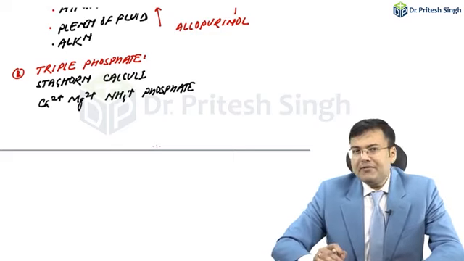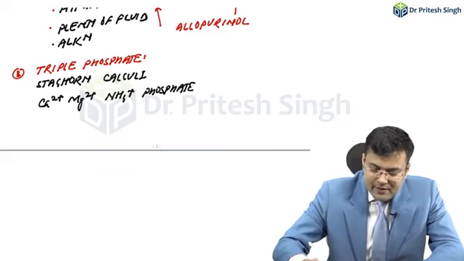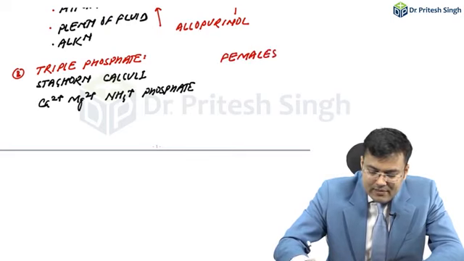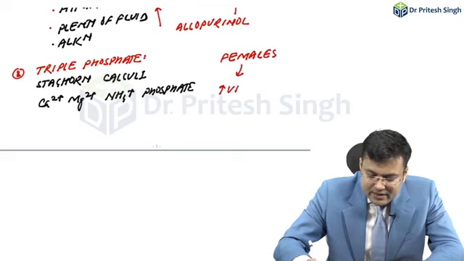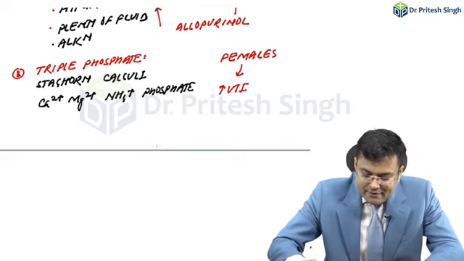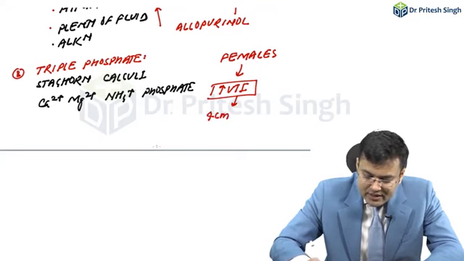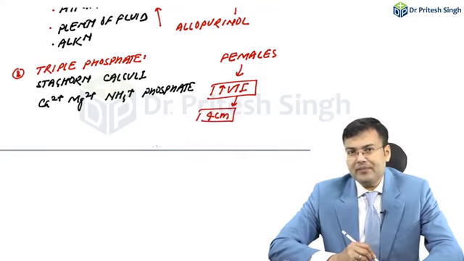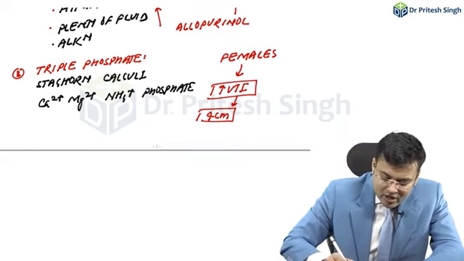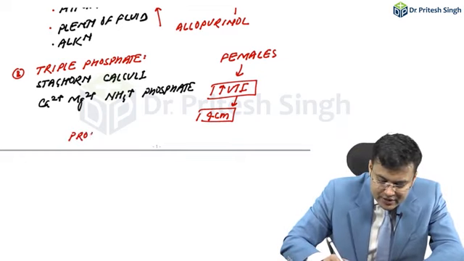Now this triple phosphate stone is more common in females. Why is it more common in females? Because in females there is increased risk of UTI. Why is there increased risk of UTI in females? Because of the short urethra, which is 4 centimeters. There is one organism which produces urease.